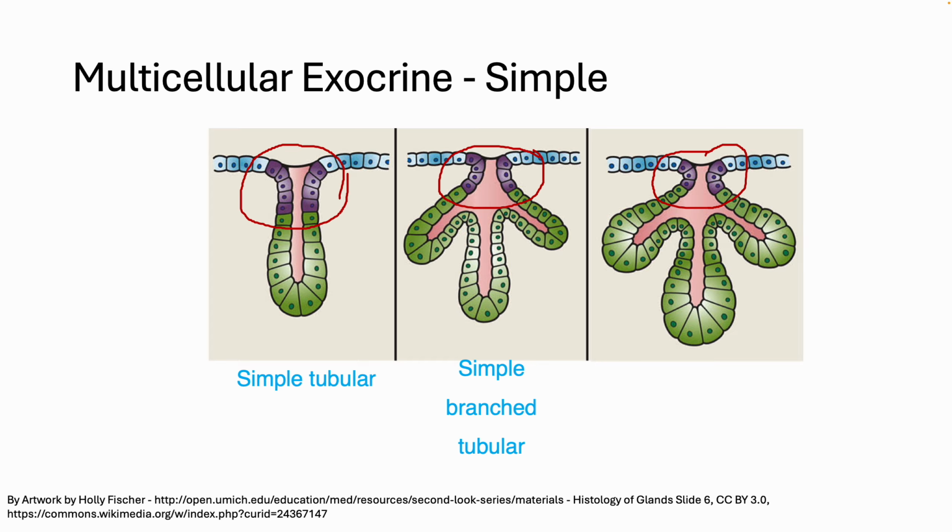The duct here is the purple cells. It's not branching, even though there are branches of the exocrine secreting cells. And then you can have simple branched alveolar. Those are going to be more rounded on the ends of them.